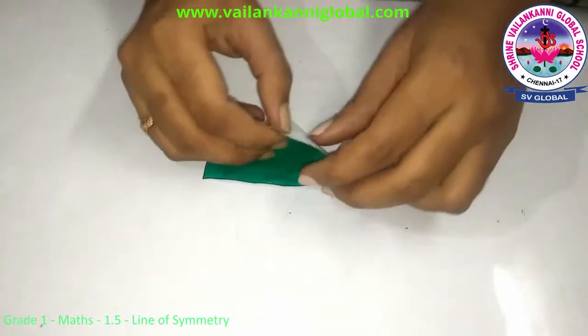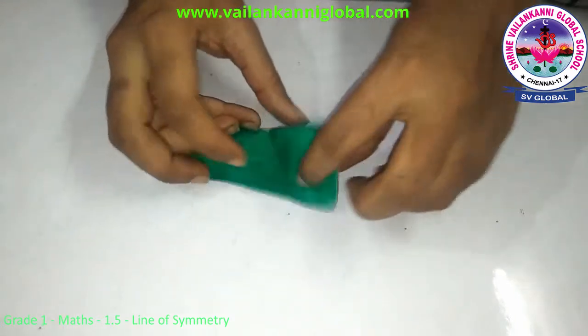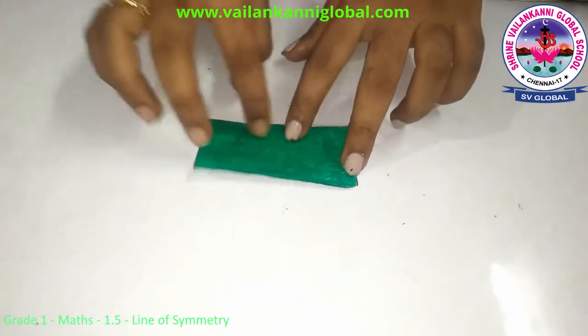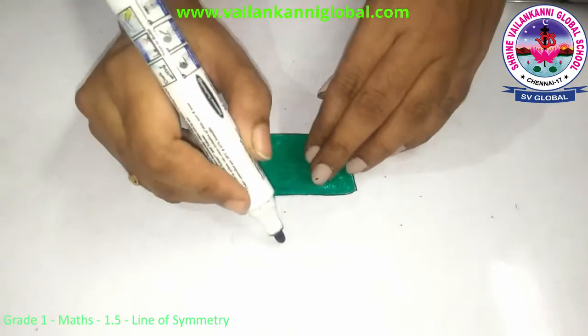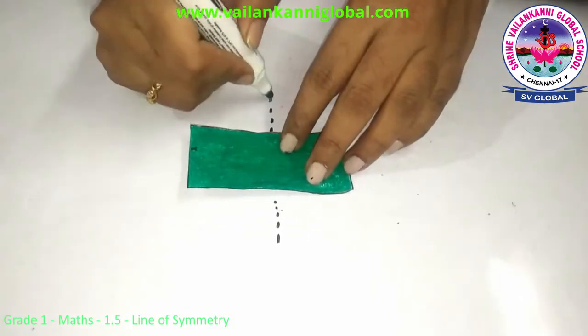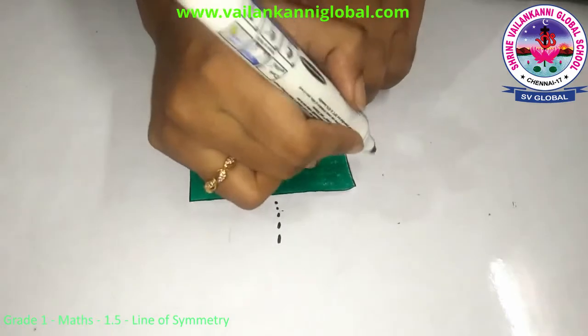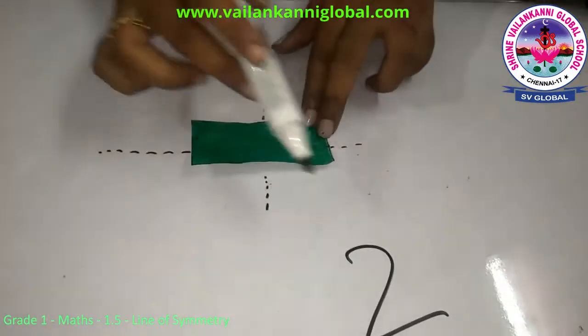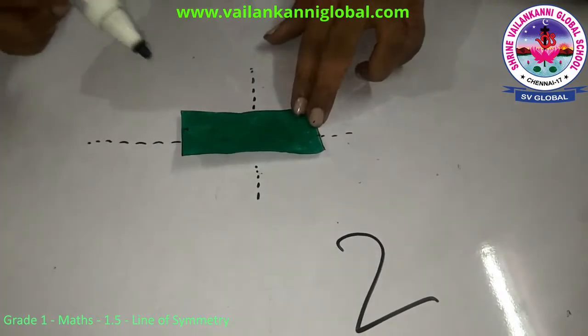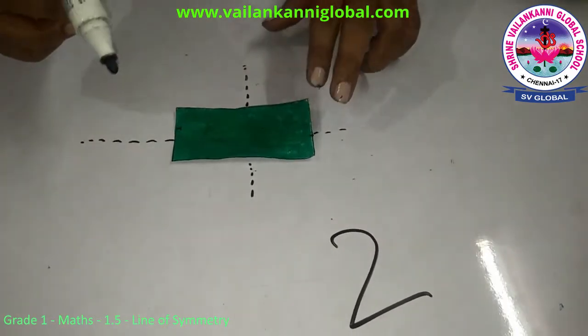Even this corner is also not overlapping properly. So for a rectangle, the corners do not have a line of symmetry. So there are only two lines of symmetry, a vertical one and a horizontal one.